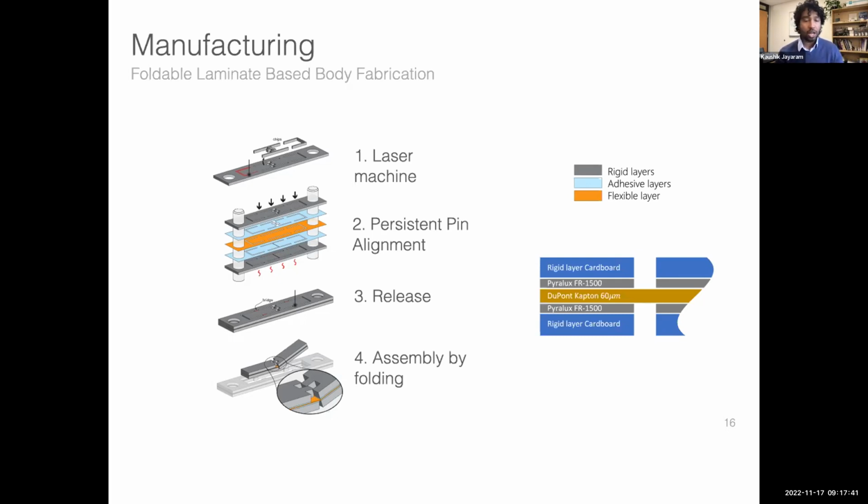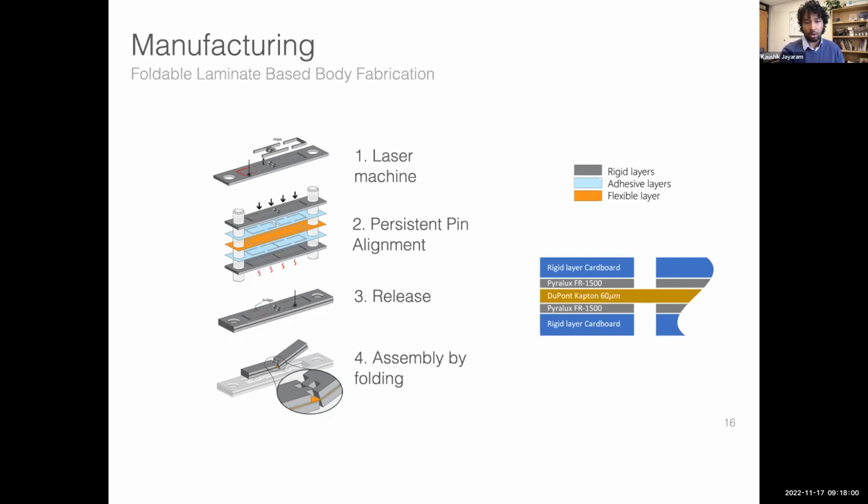So 5 layers. So we do that for every single layer. We use alignment pins in a jig to line everything up. And then we cure them under pressure and heat, and finally release them using the laser again.